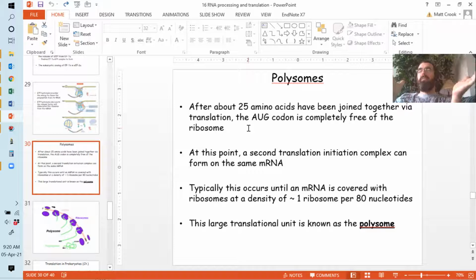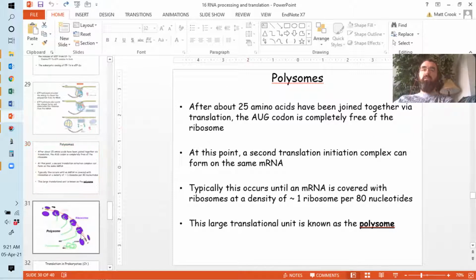If you think about that, that's about 75 bases of an mRNA. But once that ribosome complex has moved off of the AUG, the start codon, another ribosome can assemble around that start codon, whether it's directly in prokaryotes or indirectly through the scanning mechanism in eukaryotes. Once that start codon is free, another ribosome can begin translation of that mRNA at the same time.